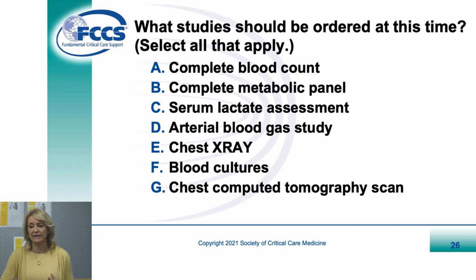You can do a blood count, you can do a metabolic panel, you can do a blood gas, either arterial or venous. Don't waste time on an arterial if you can get an easy venous blood gas. They're just as useful, honestly. And often the blood gas will give you a lactate as well as a lot of other information. Do a portable chest x-ray. Don't send them to radiology. Do a set of blood cultures if they're febrile.